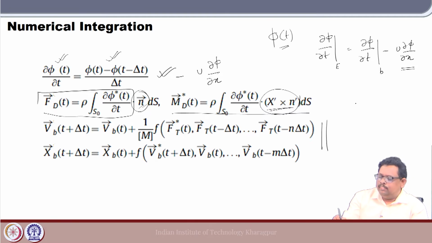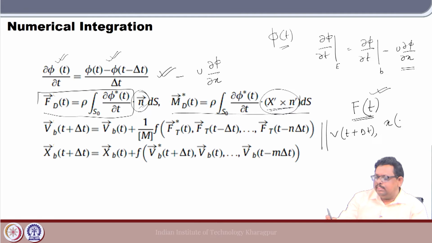We are getting all the force and momentum at time step t. The idea of any time domain code is that I get these at time step t, and then we use some kind of numerical technique to get the velocity at the next time step, t plus delta t, and also the displacement at t plus delta t.